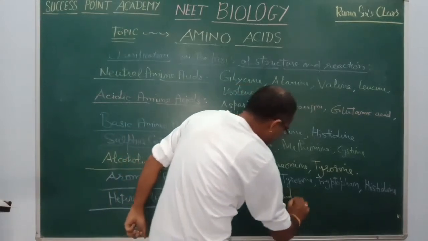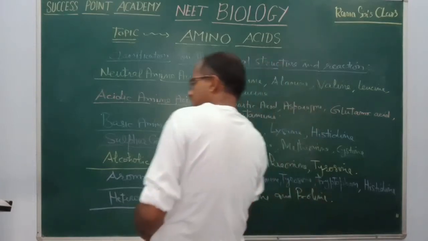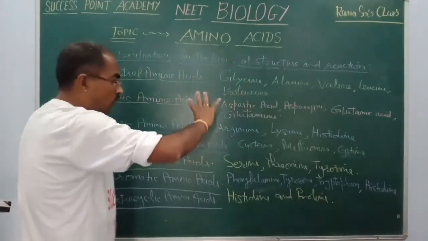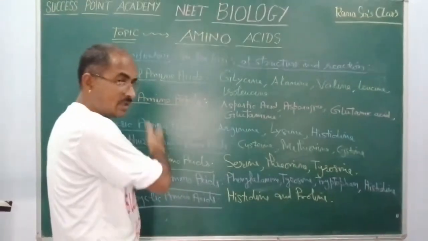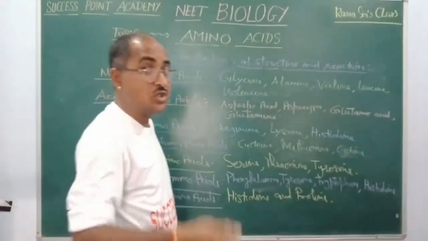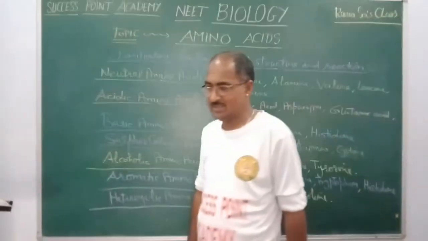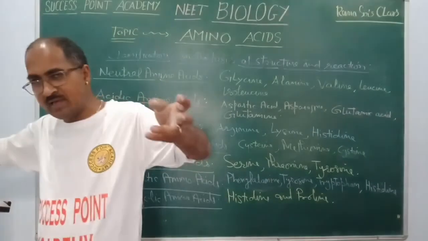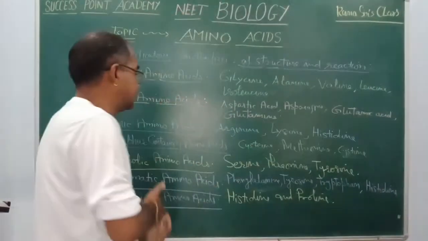Now listen, one thing that you have noticed is that one amino acid is coming in various categories, because of its structure and its composition. If that feature is available in it, it will be put in different categories.